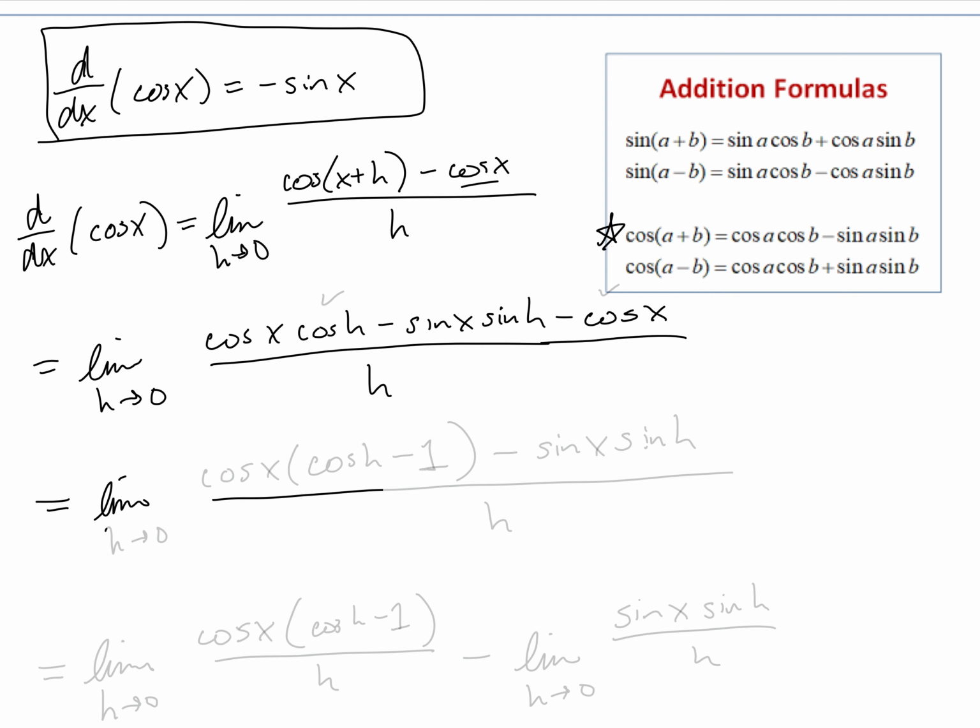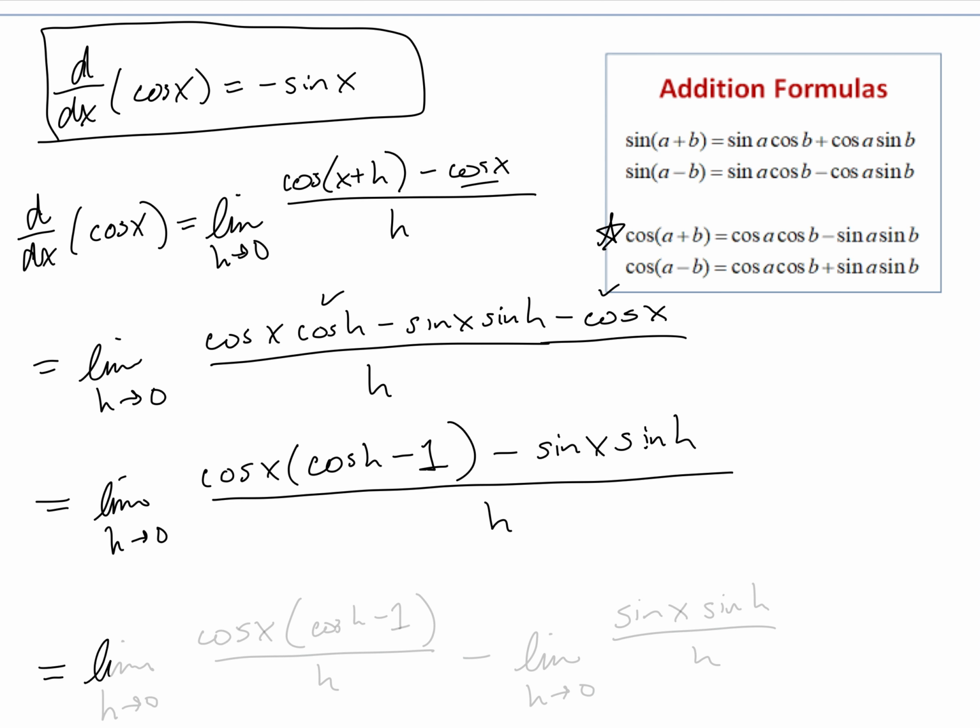We'll take the limit as h goes to 0, and we're going to factor out a cosine of x. So cosine of x times cosine of h is the first term that has that, cosine x is the second, so minus 1, minus sine x sine h, all divided by h. And so again, we're going to break up this limit.